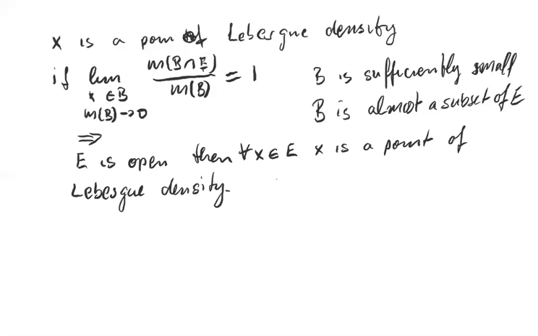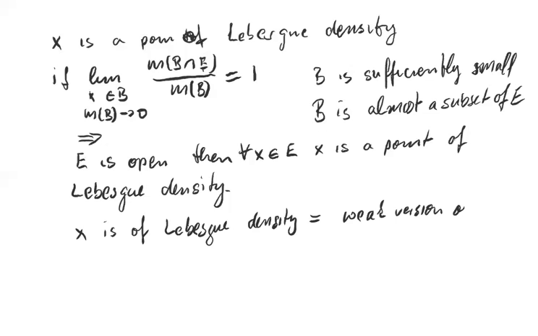In this way, x being of Lebesgue density is a weak version of x being an interior point.